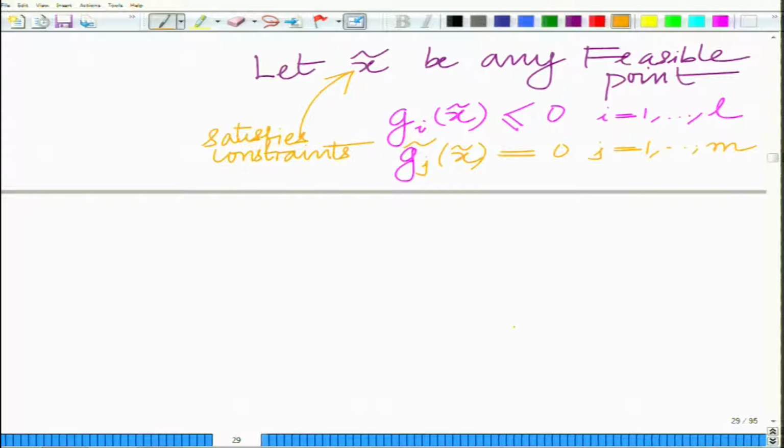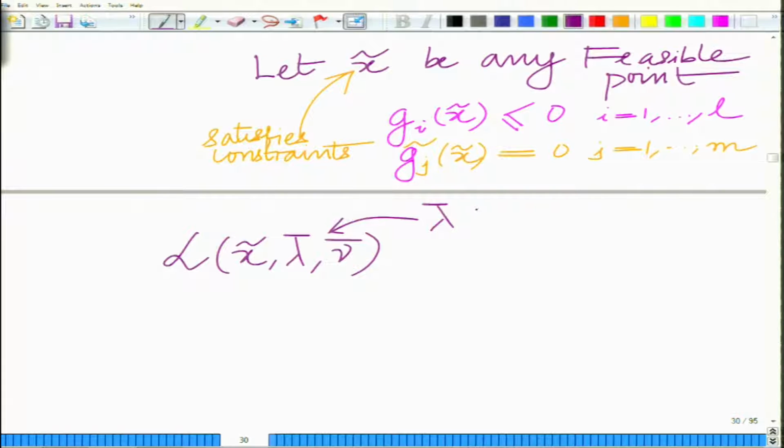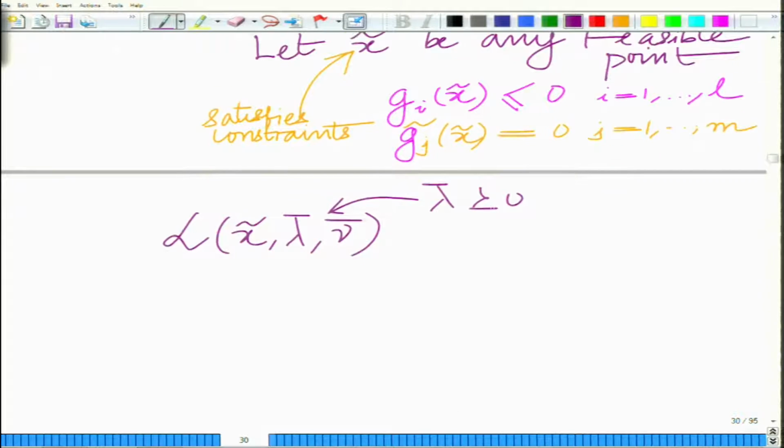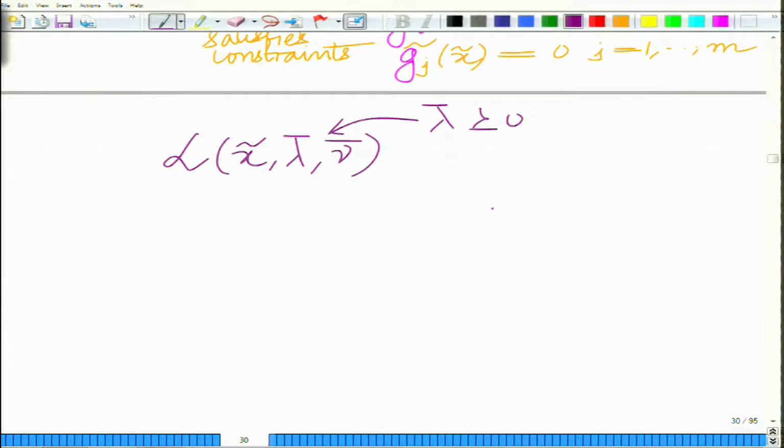Therefore, now if you look at the Lagrangian, L of x tilde, lambda bar, nu bar. Now remember, you have to keep in mind that lambda bar is component wise greater than or equal to 0, which means that each element lambda i is greater than or equal to 0. Let me write it a little bigger so that you can observe this.